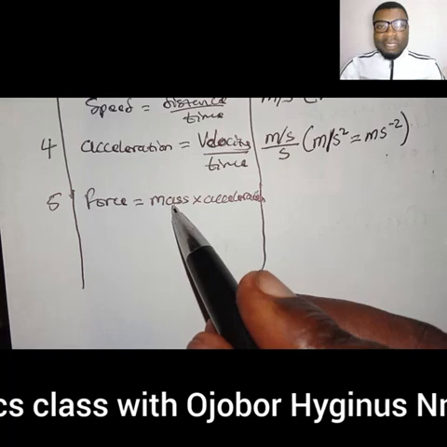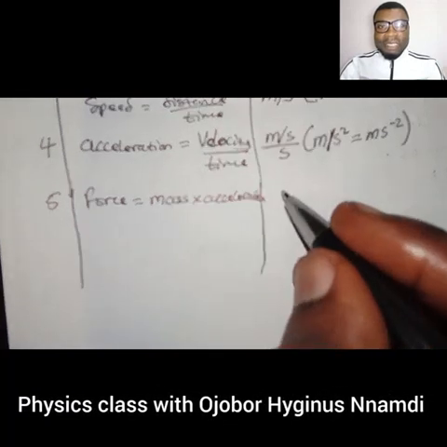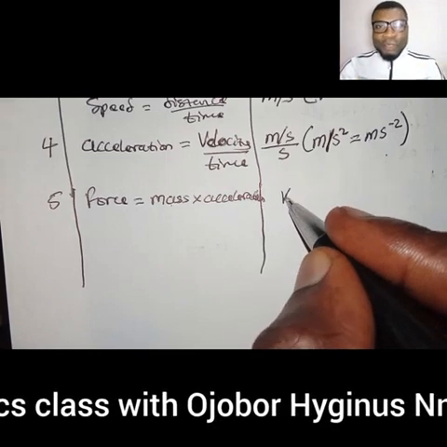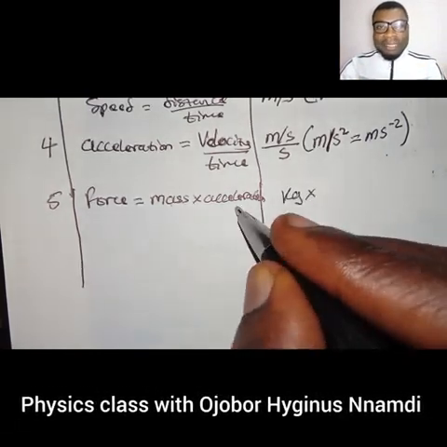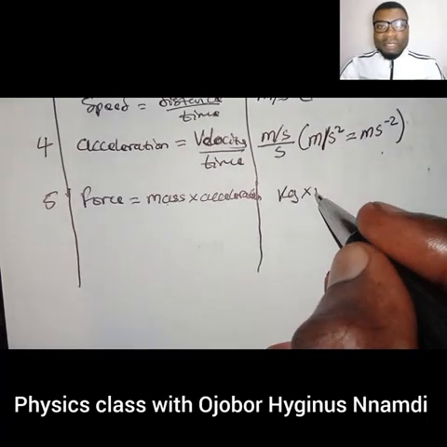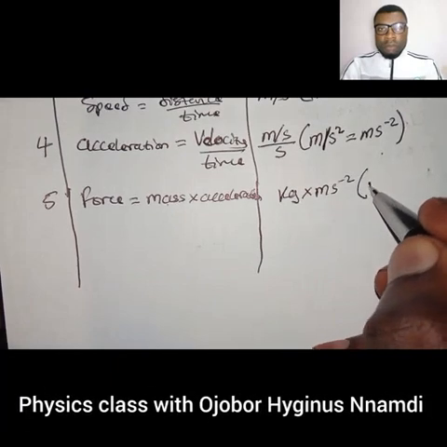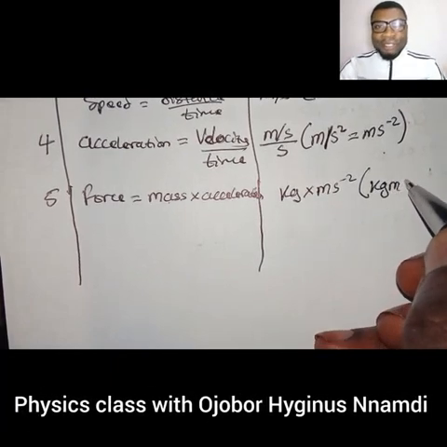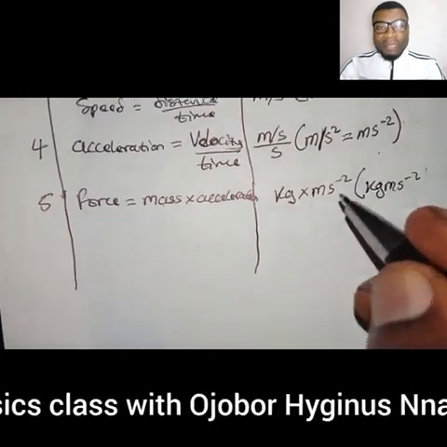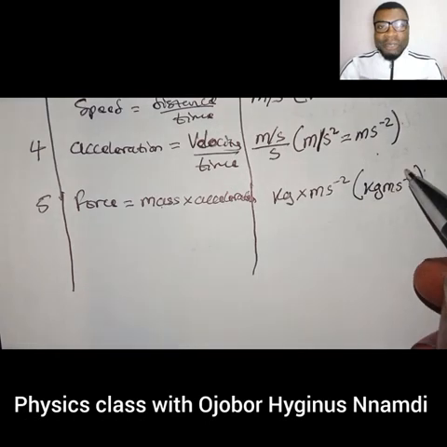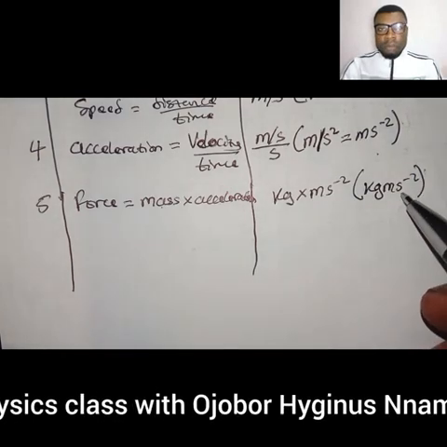Mass is a fundamental quantity, and the unit of mass is kilogram. Then times acceleration, we have seen, is meters per second squared, and that will give us kilogram meters per second squared. Remember, this can be written as kilogram meter slash second squared, which is the same thing.